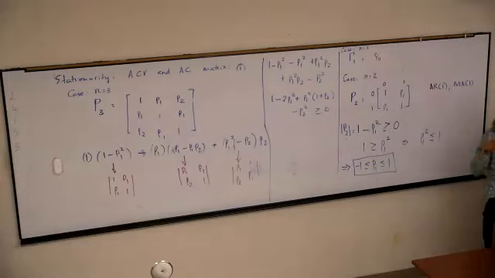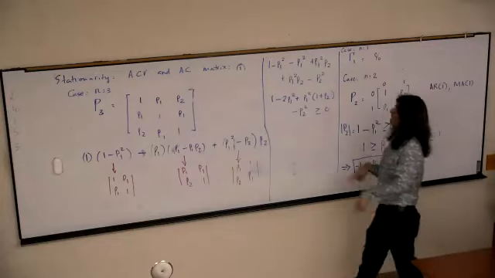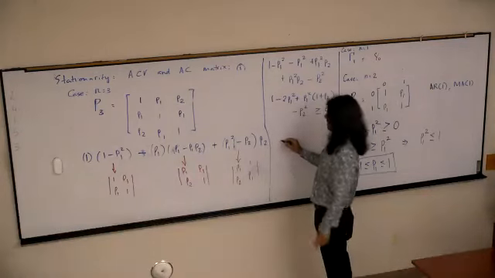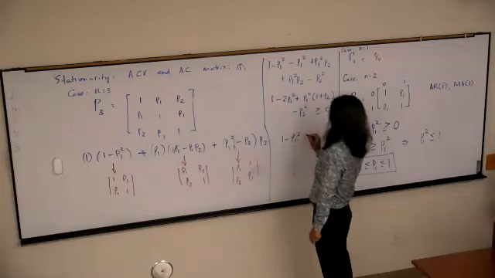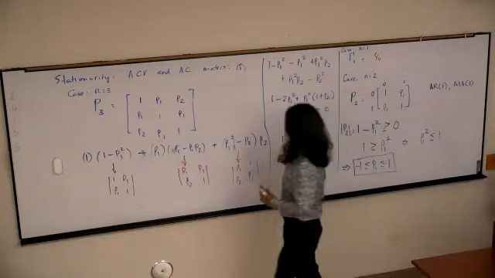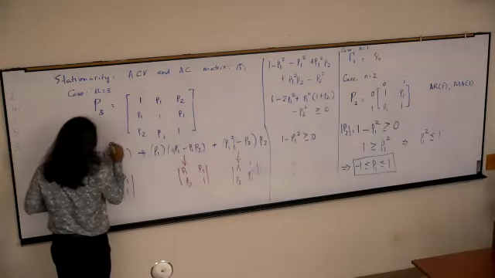In other words, the determinant of the entire matrix has to be greater than or equal to 0. On top of it, I want 1 minus rho 1 squared to be greater than or equal to 0.